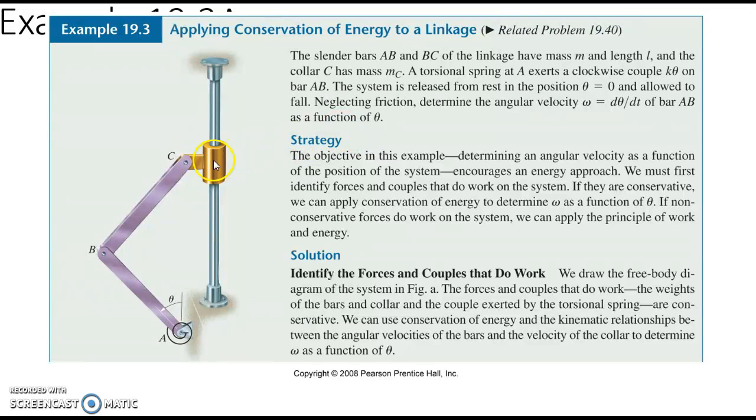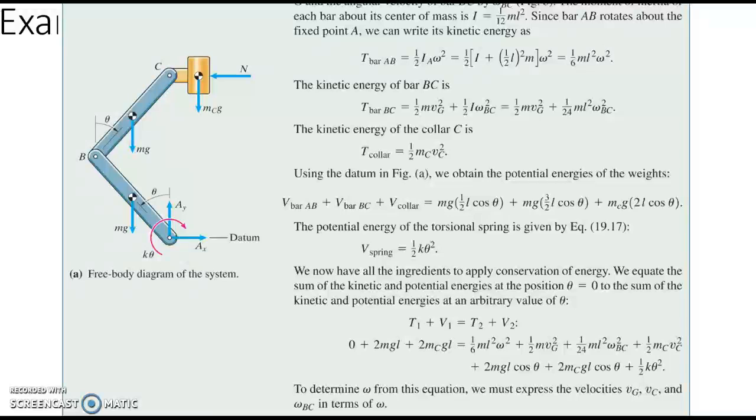So the system is released from rest. So what would you expect? You'd expect this collar to slide down a little bit, and point B here to move to my left, right? But let us draw the free body diagram, and identify which forces and couples are doing work, and which are not.